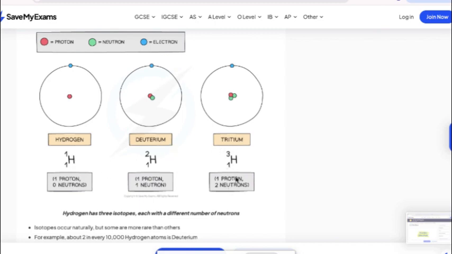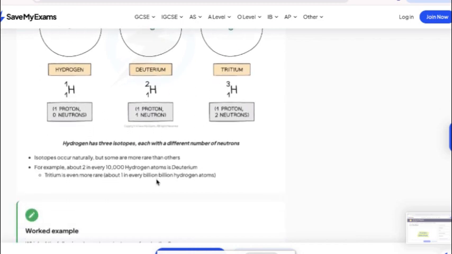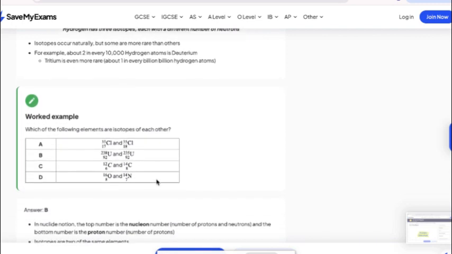Tritium is hydrogen with proton number 1 and mass number 3. So you need to know that hydrogen itself exists in three different isotopic forms: H-1-1, H-1-2, and H-1-3, which are called hydrogen, deuterium, and tritium. Is that okay? So different elements have different isotopic forms.